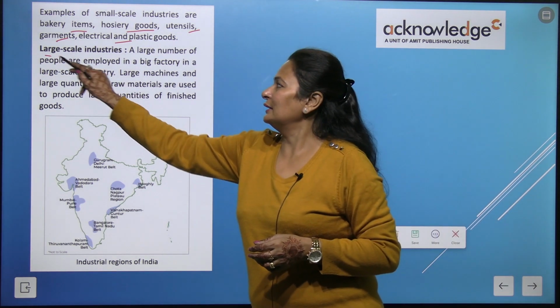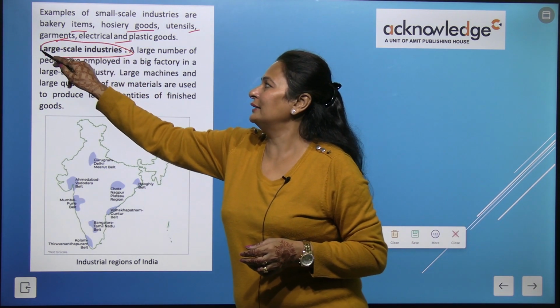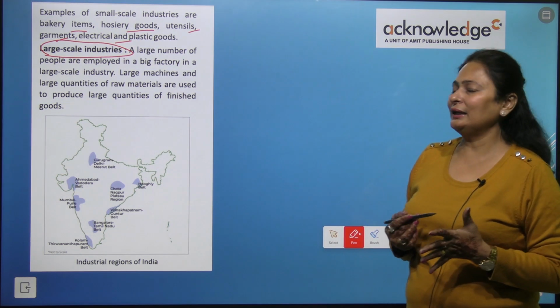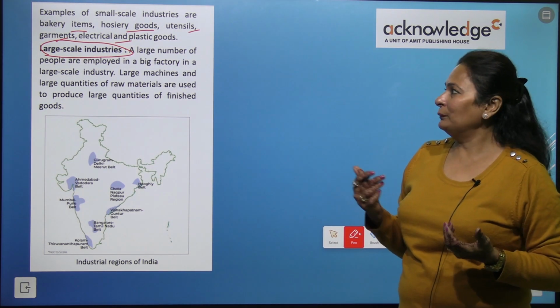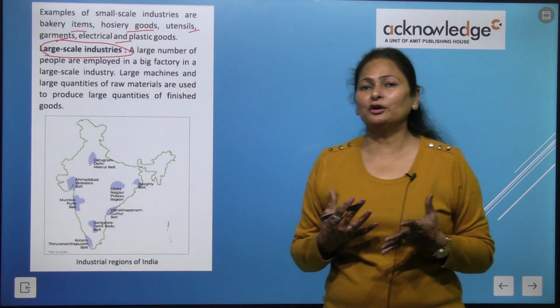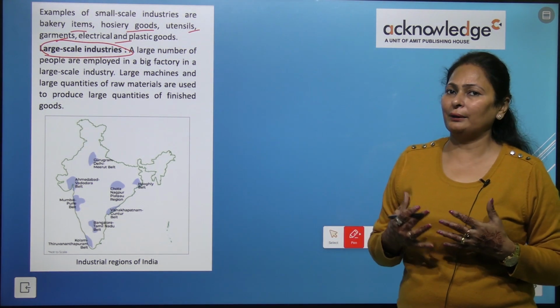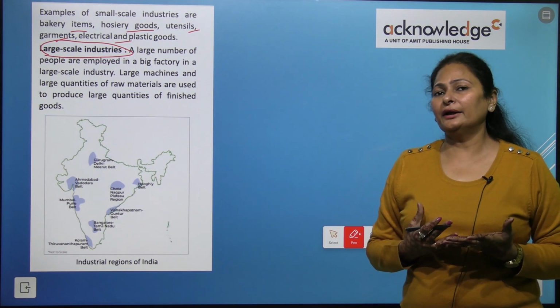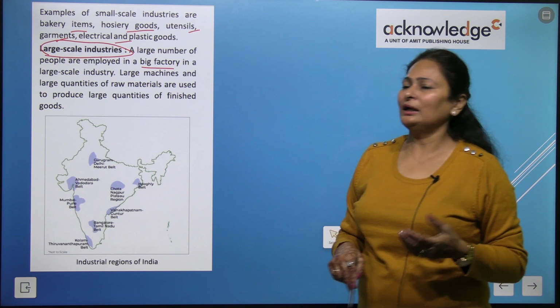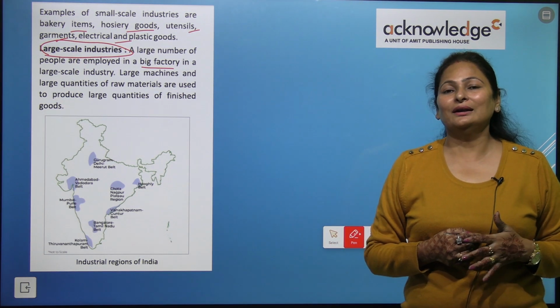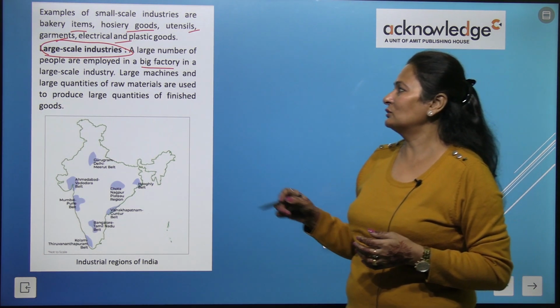Now it is the large scale industries. Large scale industry needs a lot of machines, heavy machines, and a large number of manpower is needed. Manpower means people needed to work in the industry, in the big factory, or it is called the large scale industry.